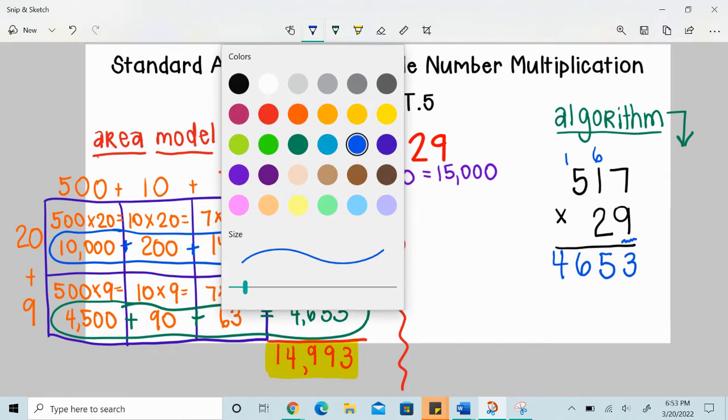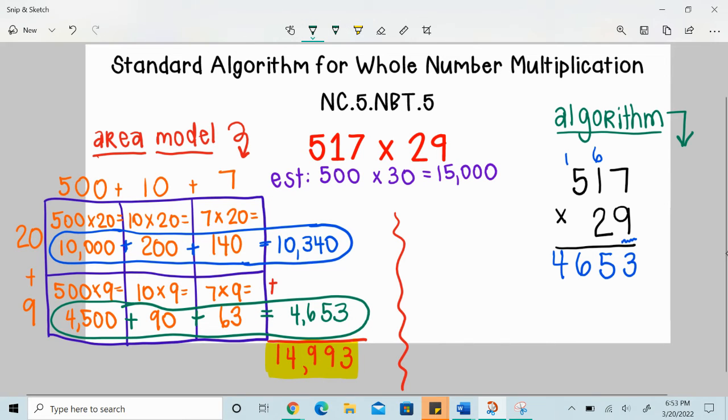Now I'm ready to begin to multiply by the 2 in 29. Before I do that, though, there's a very important step, and that is that I need to put a placeholder 0 down in the ones place in the next row. That is because I'm getting ready to multiply by this 2, which is really in the tens place, really has a value of 20. Now, in a standard algorithm, we don't really need to be too concerned with the value of each digit.